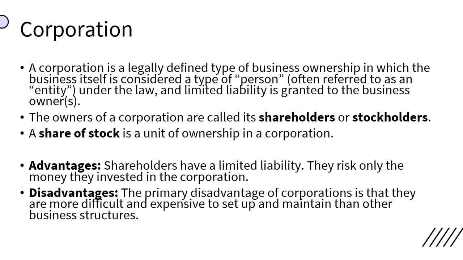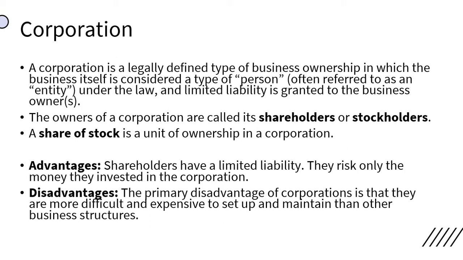Okay? Next or pangatlong type of business ownership is the corporation. Pag sinabi nating corporation, it is a type of business ownership in which the business itself is considered a type of person or entity under the law, and has limited liability granted to the business owners. Okay?